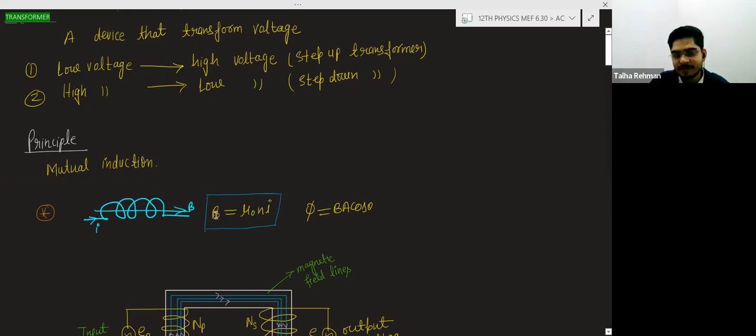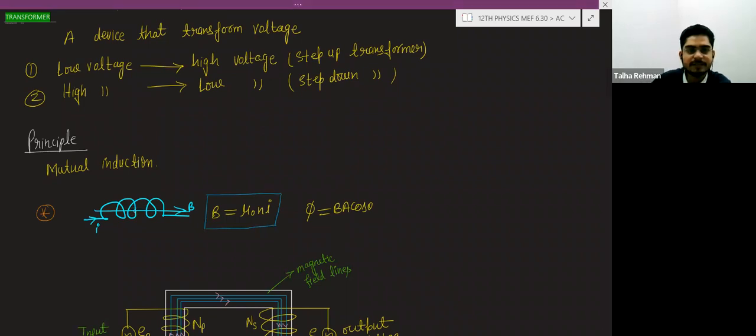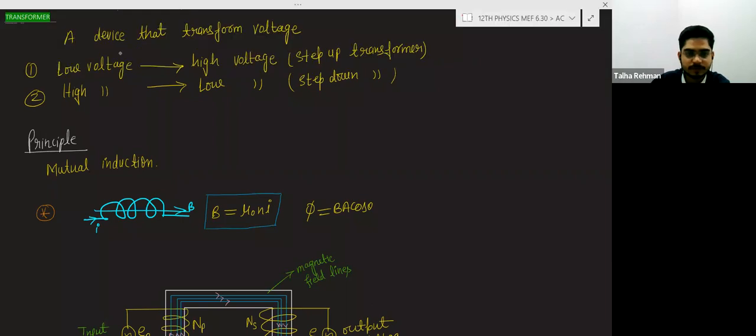This magnetic field is confined within the solenoid, and it is axial. This thing is clear.